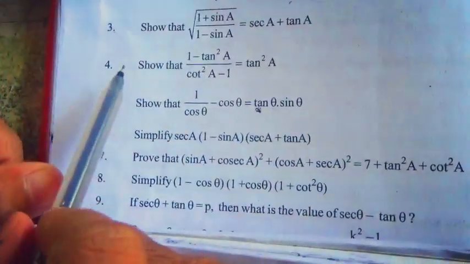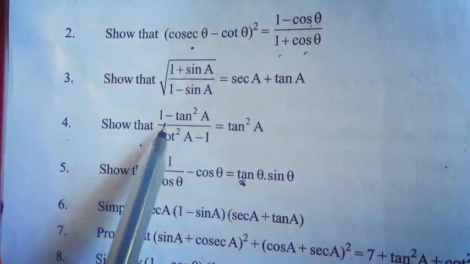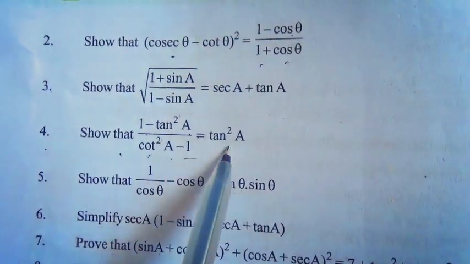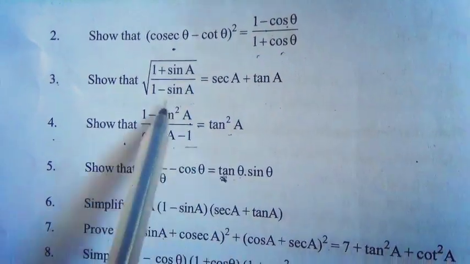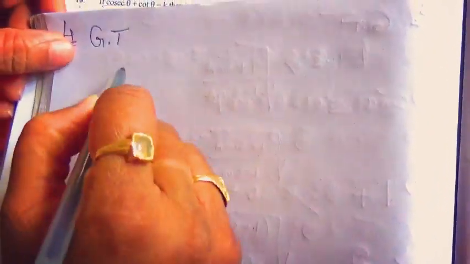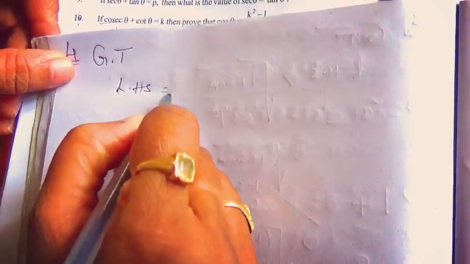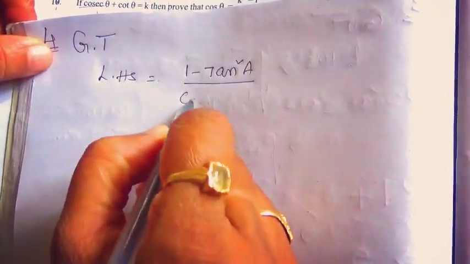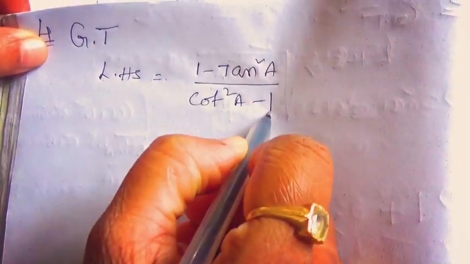Now look here, the fourth sum. Show that (1 minus tan square a) by (cot square a minus 1) is equal to tan square a. Here also we have to prove this LHS is equal to RHS. So, fourth sum. Given that LHS is equal to (1 minus tan square a) by (cot square a minus 1).